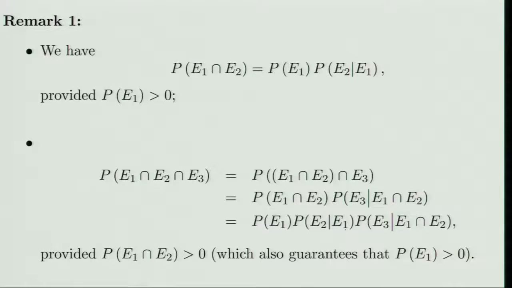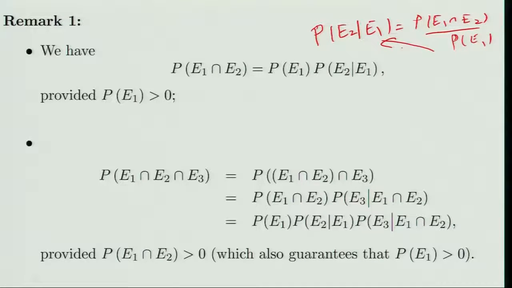Now let us see a few remarks. What we have seen is that probability of E2 given E1 we have defined as probability of E1 intersection E2 divided by probability of E1. So if I cross multiply, I get this, provided of course that probability of E1 is positive.